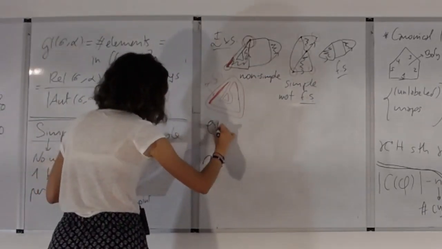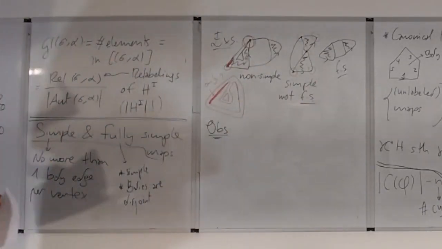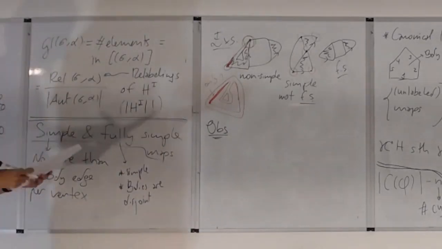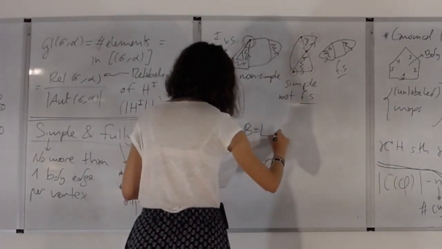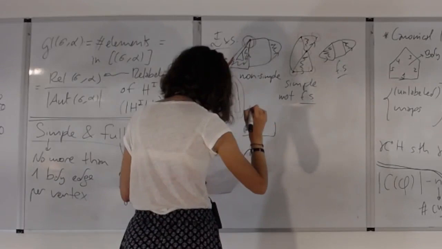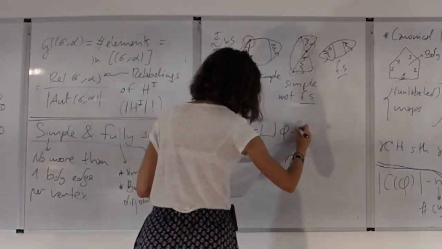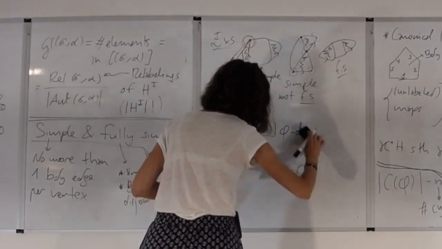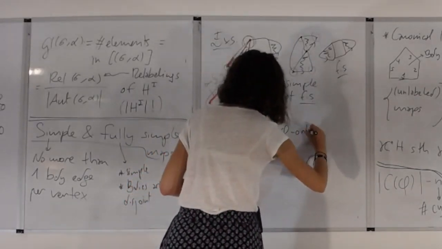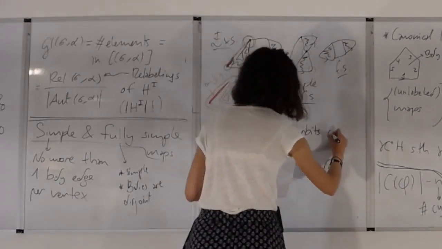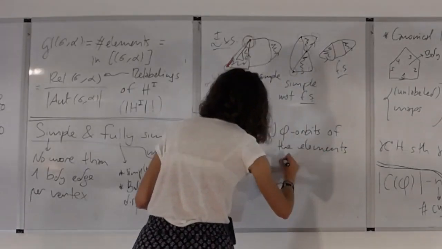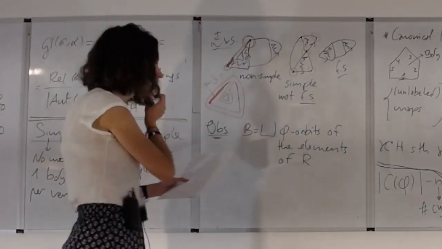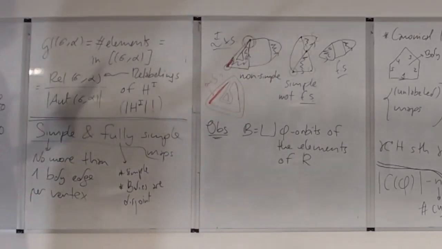So observation, we can make a characterization of what these conditions mean in the permutation model. If we take B to be the union of phi orbits of the elements of R, so remember that R was the tuple of marked edges.